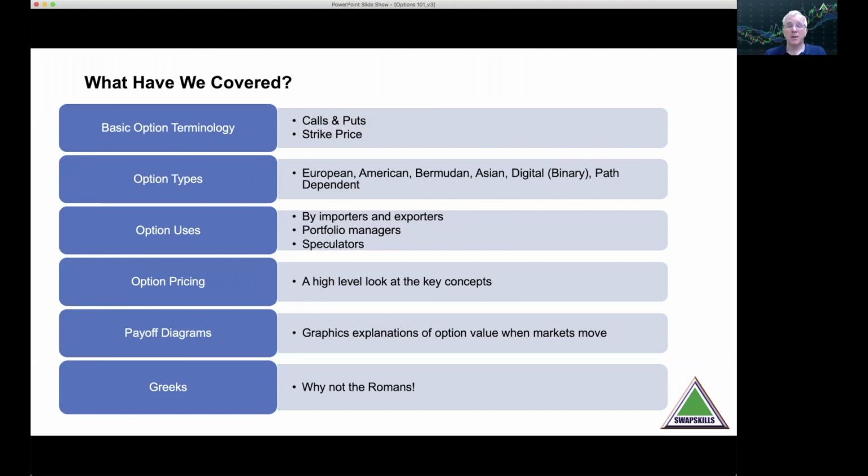One other thing we looked at was the high-level concepts of option pricing, so you can see the key ingredients. So if a client wants to decrease the cost of an option, what steps can they take? Now, it's very, very important if you're going to discuss options or get involved in them to understand how payoff diagrams work. If you're not sure about the concept of payoff diagrams, do a spreadsheet, whatever it takes to make sure there's no misunderstanding.